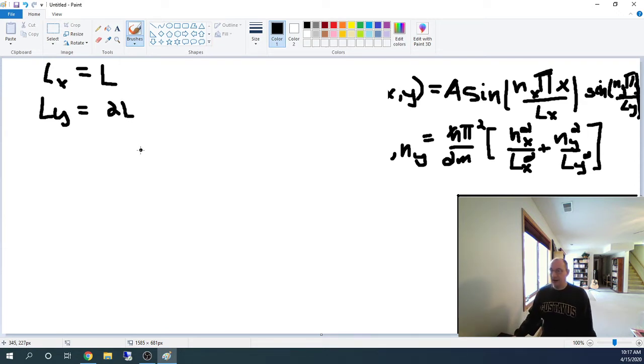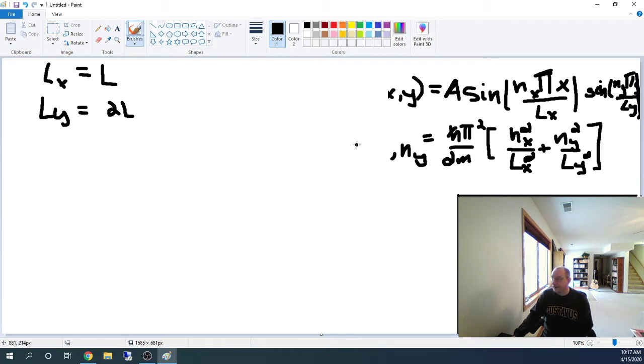And let's say that the question then is, what are the first 3 energies that are associated with the ground state, the first excited state, and the second excited state. Let's see what those are in terms of L. I know that the solutions look something like this, and these are the energies.